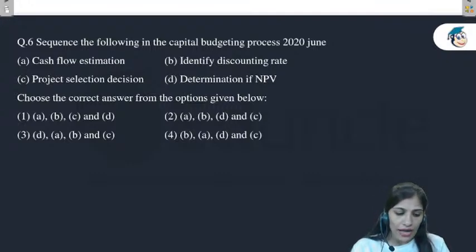Sequence the following. Now we have to arrange the following in the capital budgeting process.